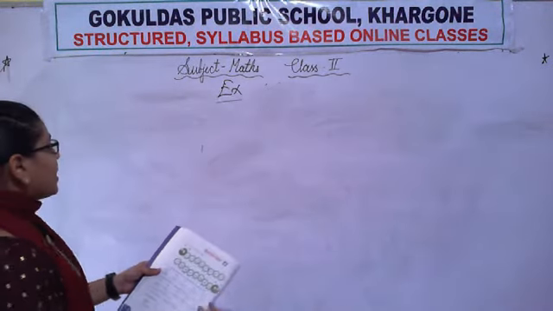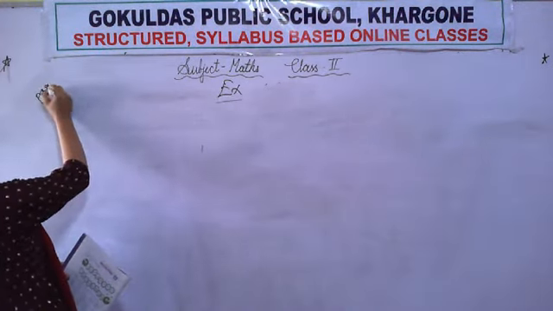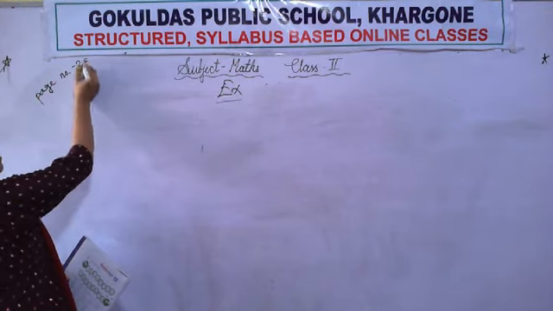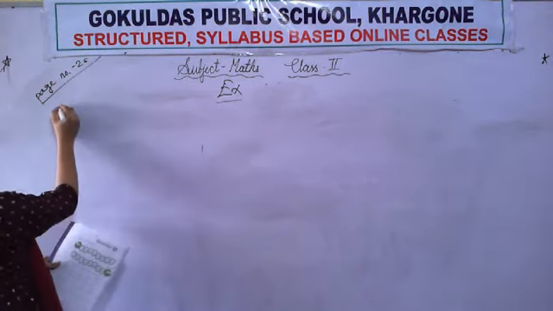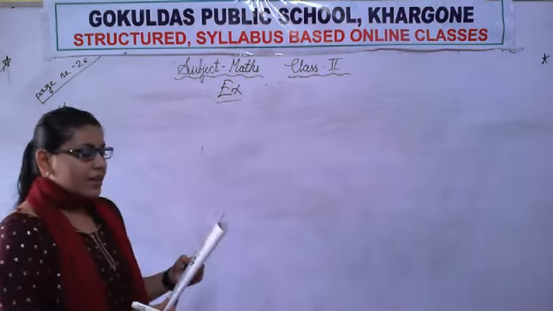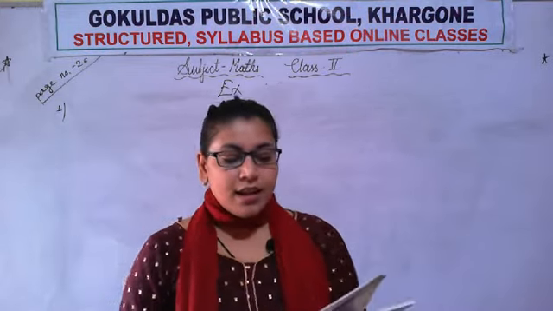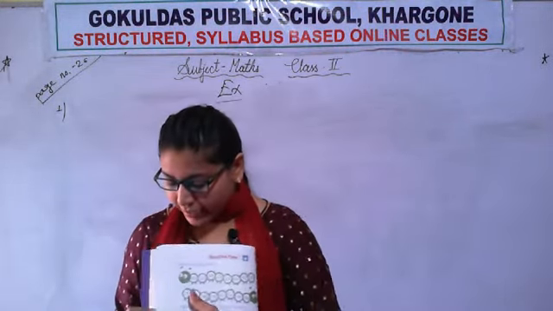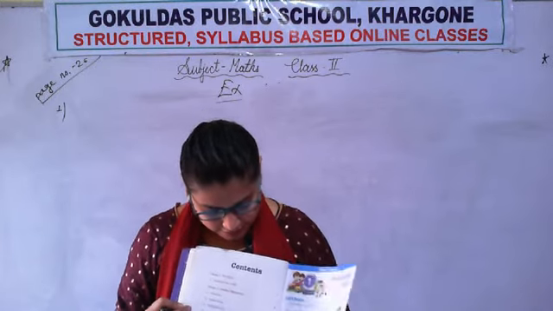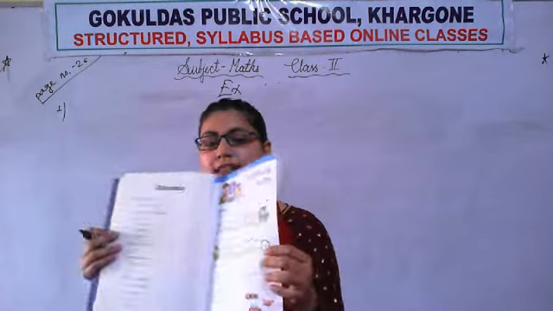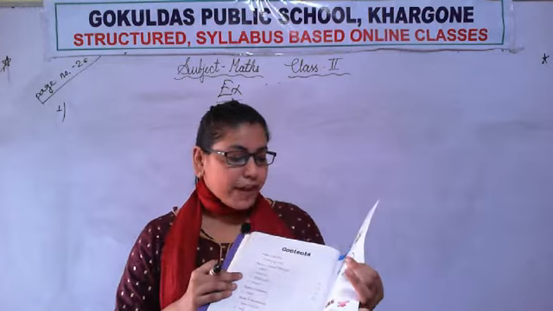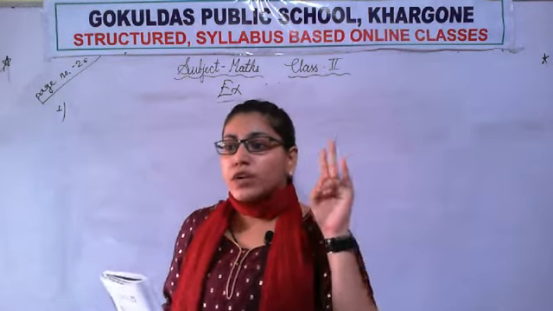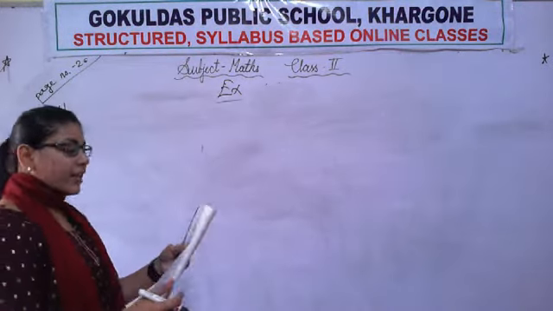Page number 26, all of you open page number 26. Question number 1: fill in the missing numbers. Same thing we have done in our very first class. The only difference is that those numbers were 2 digits. Now we are having 3 digit numbers.